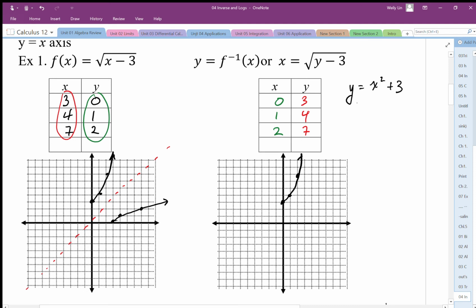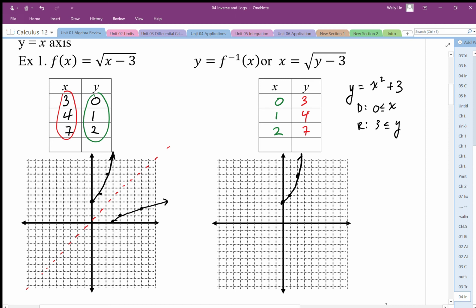So I actually have to state the domain of this is going to be x is greater than or equal to 0. And my range here would be y is greater than or equal to 3.